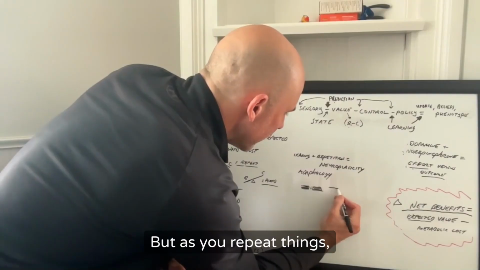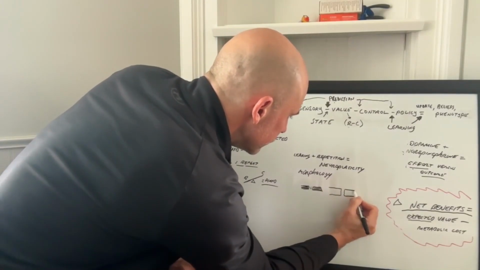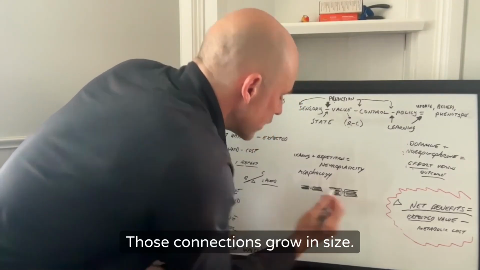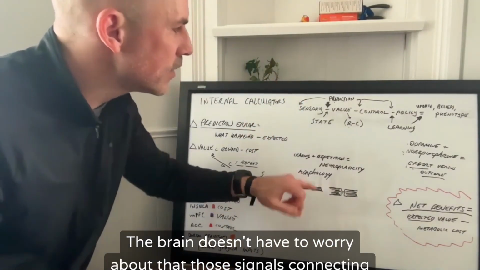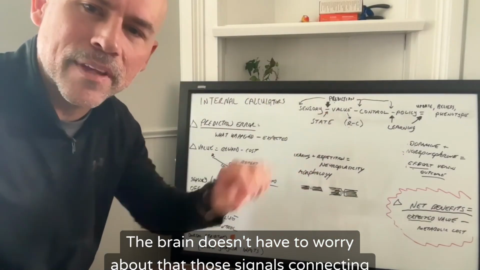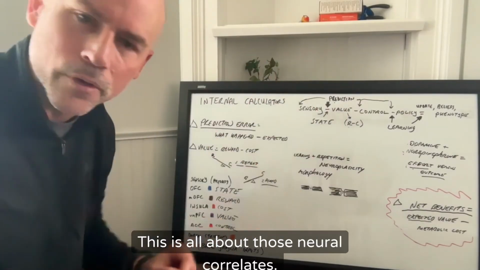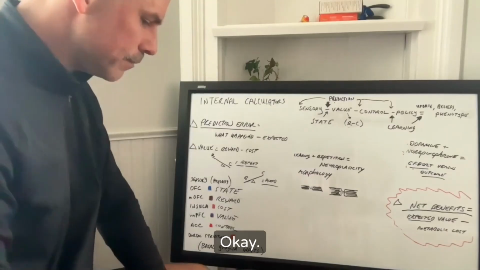But as you repeat things, those connections grow in size. The brain doesn't have to worry about those signals connecting and being executed, right? This is all about those neural correlates, okay?